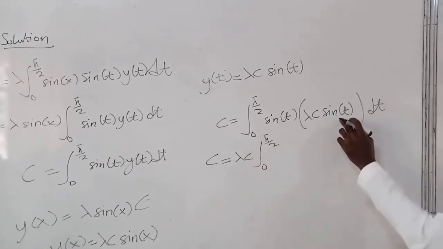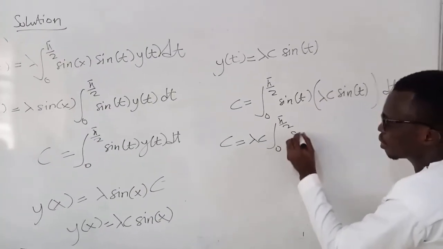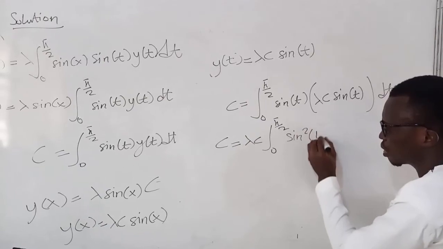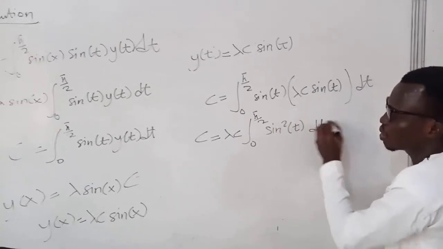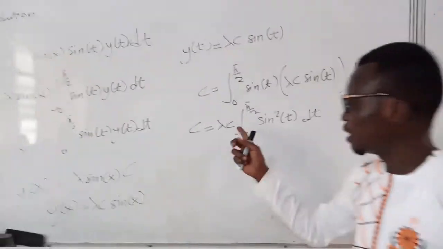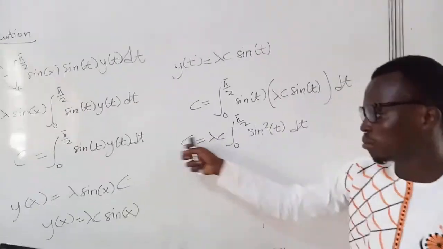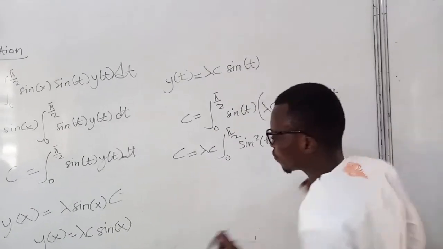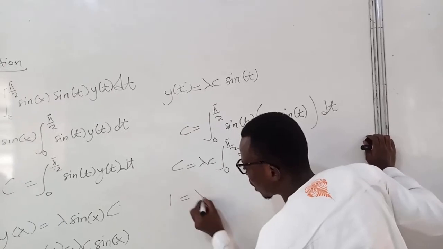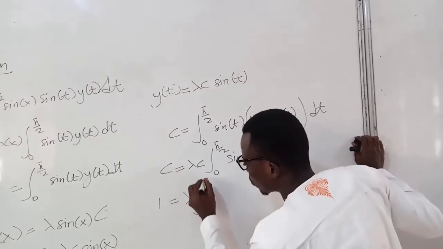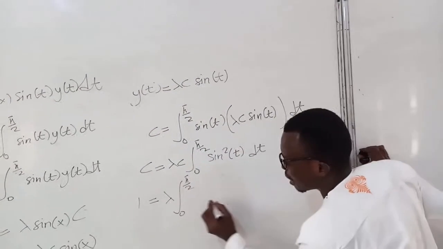Then sine t times sine t will give me sine squared t dt. And we having c here, can divide each of the terms both sides by our c.